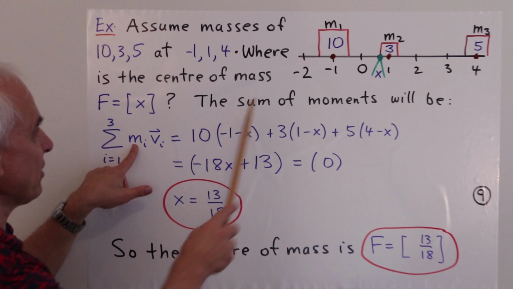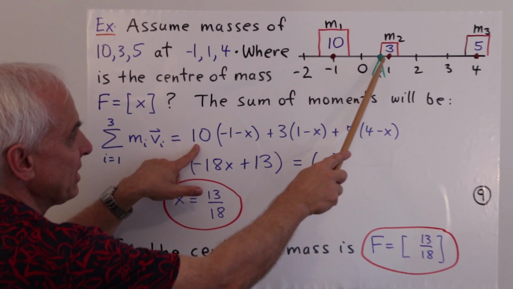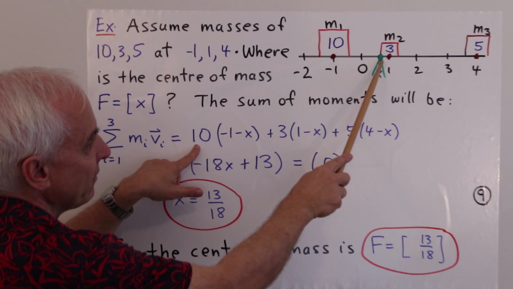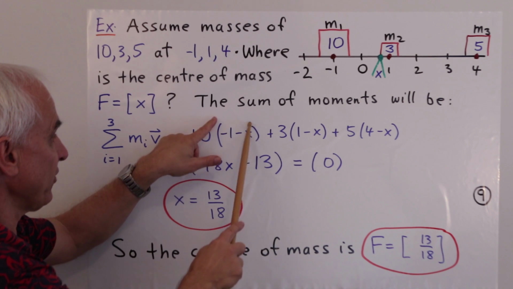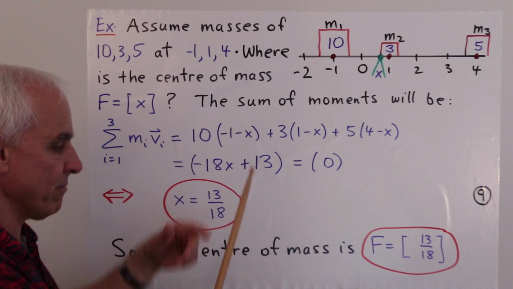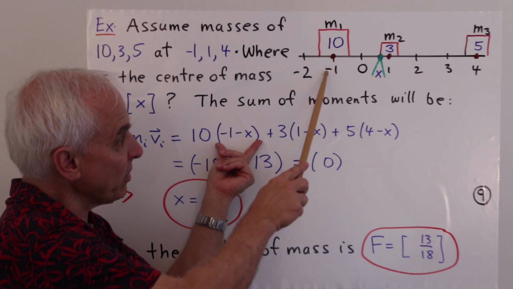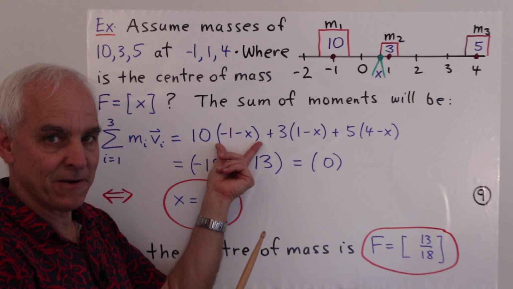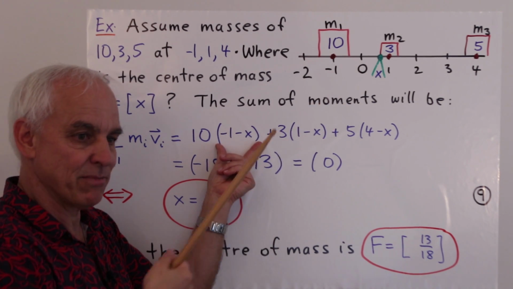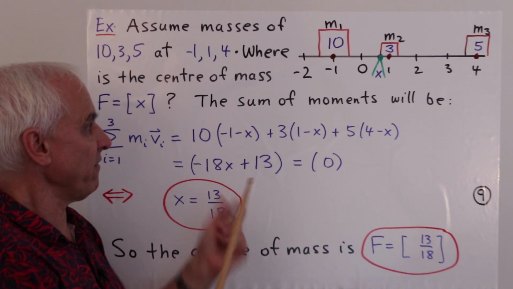Okay, so for the first moment, there will be a mass of 10. And what is this vector here? The vector emanating from x going to -1. Well, there's the vector there. Okay, that bracket means vector. And it's a vector whose components are the difference between the coordinate here, which is -1, and the coordinate here, which is x. That's how we take the displacement vector: final position minus initial position, all in a vector.